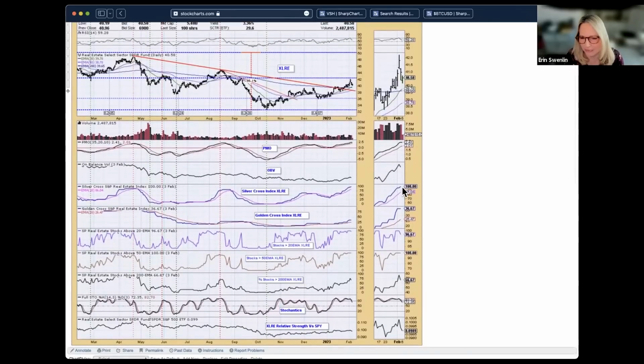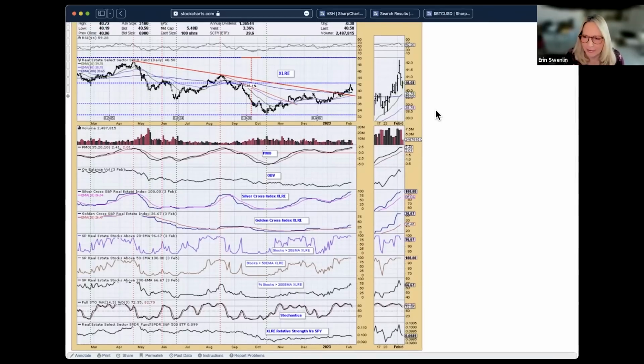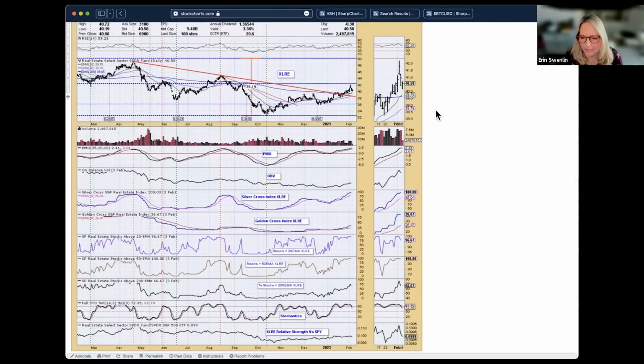I mean, 100% have a 20-day EMA above the 50. These are participation numbers we were seeing on energy for some time, and numbers we're starting to see on technology. But notice stochastics dropping. Notice that we've lost a lot of relative strength here for XLRE, whereas I think XLK looks like it's still on the way up rather than on the way down.